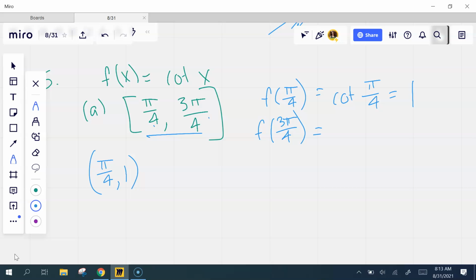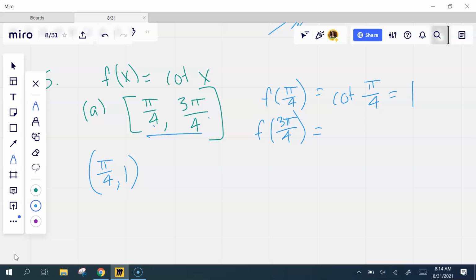If I think about the unit circle, at pi over 4, these values are the same. So the tangent value is 1. I'm trying to find cotangent, but the reciprocal of 1 is still 1. All your over 4 values are either 1 or negative 1, depending on the quadrant you're in.